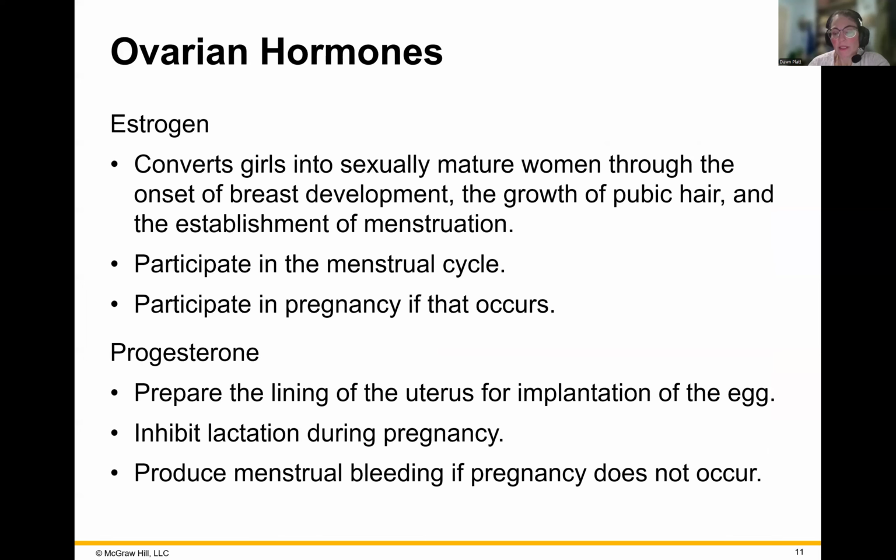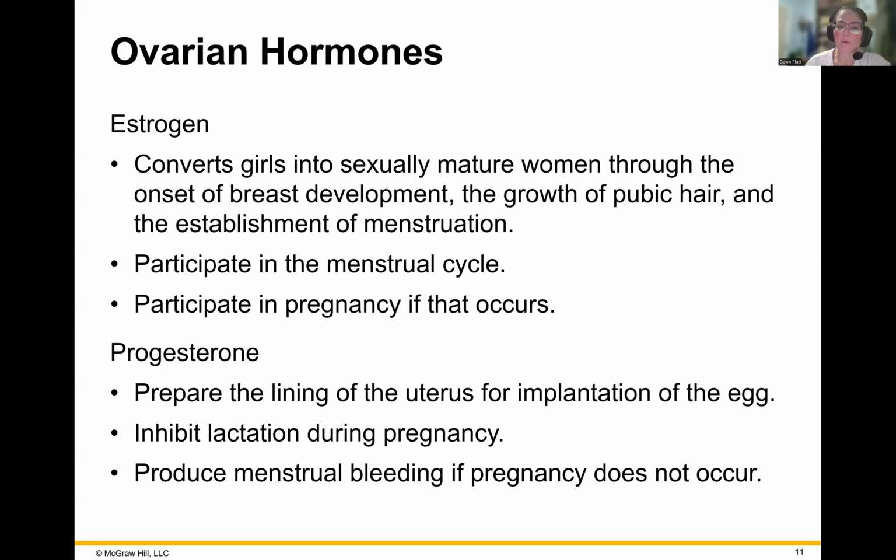Ovarian hormones. There are several hormones in the female system that help with creating a child, help with creating the secondary sex organs, lots of different things. So you can see here what estrogen does, and this is on page 211.